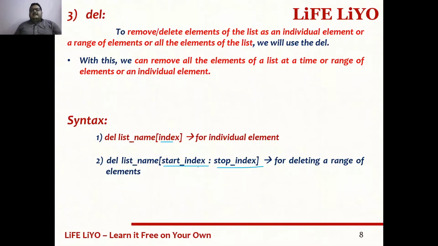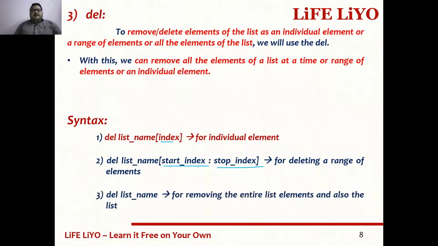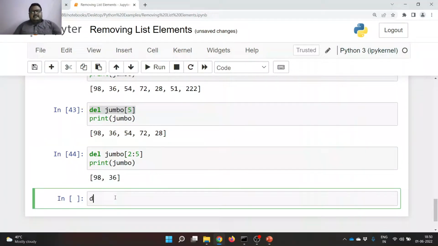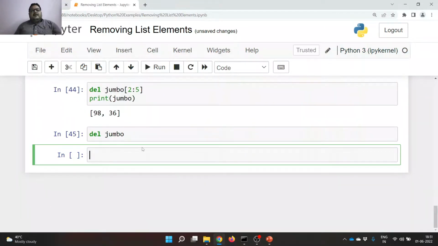That is deleting a list name. Next, if you delete a list name directly, such as del space jumbo, run. Now print of jumbo, what is it going to return? Do you think it is going to return an empty list as with clear?